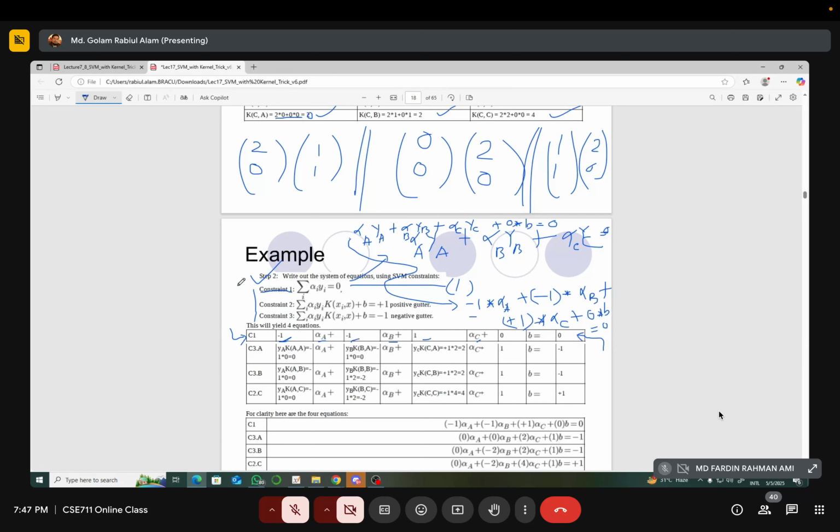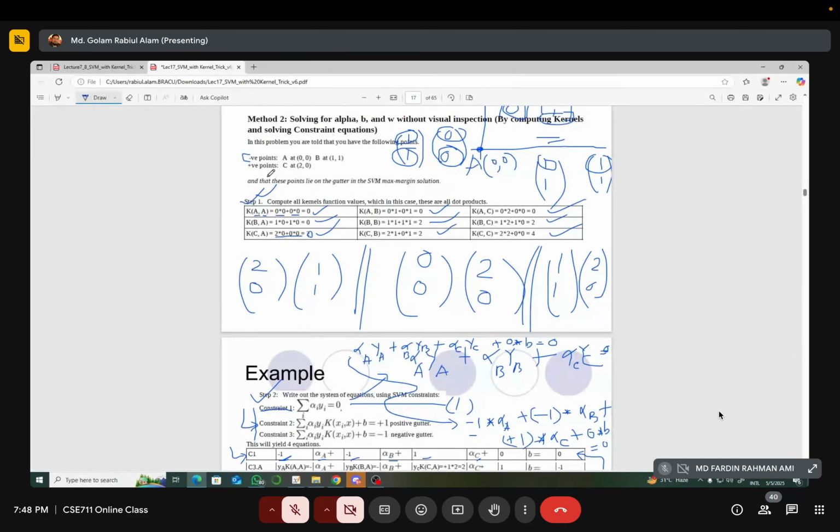Okay, now we utilize the second constraint, that is this one, positive gutter. So for positive gutter, you can see it is constant 3, and the positive point is C. The C is this point.